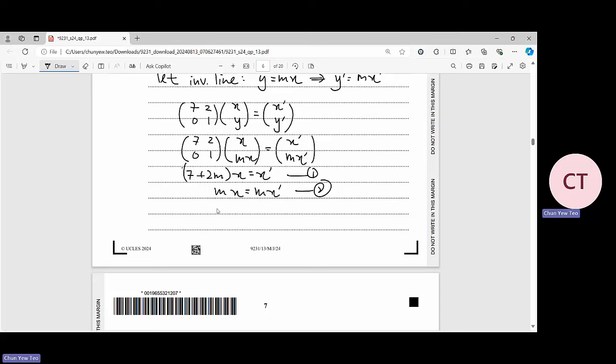So just take equation 1 divided by equation 2, you get (7 plus 2m) divided by m equals to 1 over m. So some students, when they see this, they go and cancel it. Over here, we don't cancel it. Over here, we will do the cross multiplication. We will have 7m plus 2m squared equals to m. I continue over here.